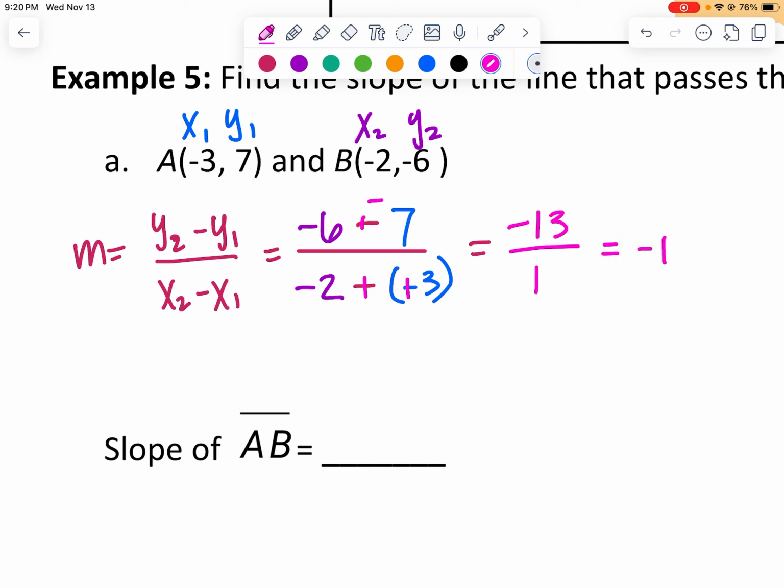And then this reduces to -13, right? Anything divided by 1 gives you your numerator, so my slope is going to be -13. Sometimes slopes give you a nice number. Other times it might be left in fraction form.